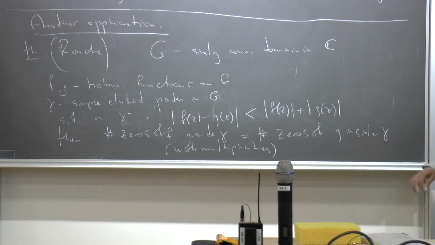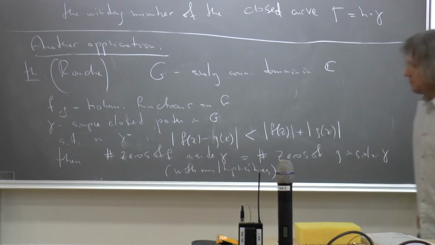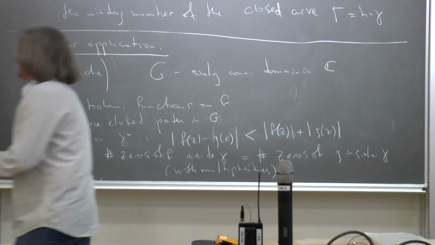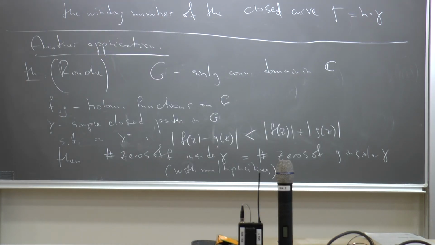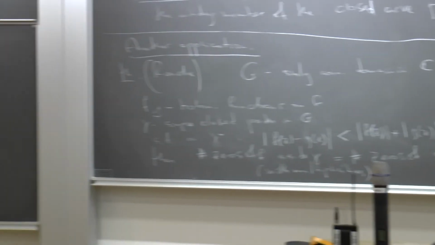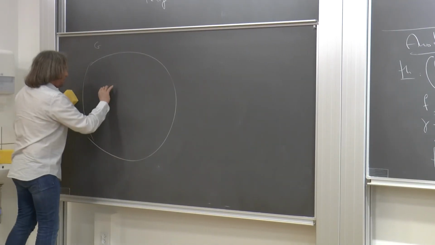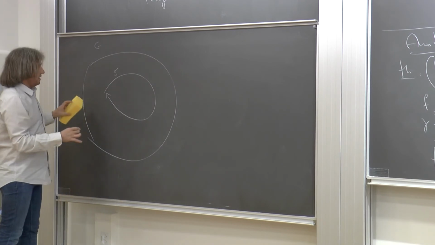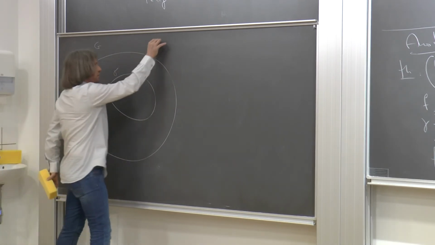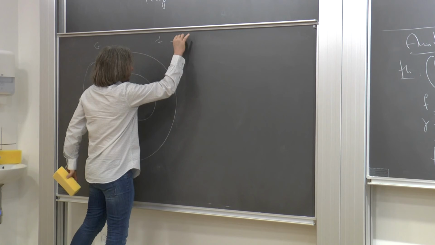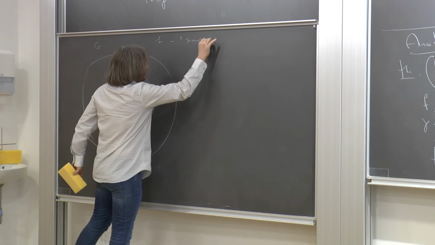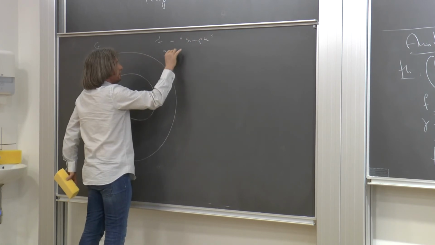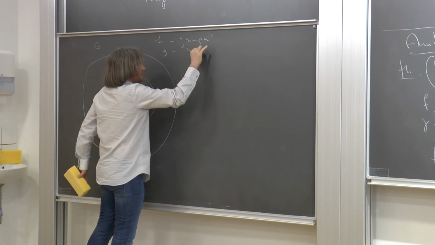So you should think about it in the following way. So you have some simply connected domain G and a path gamma here. The point is that one of these functions f could be simple and the other could be complicated.